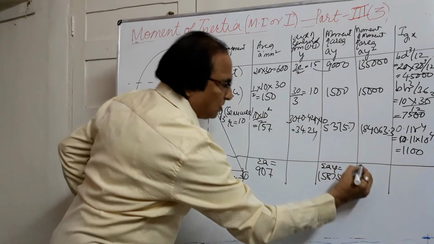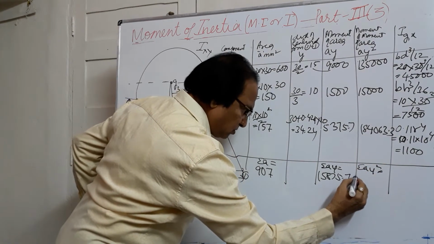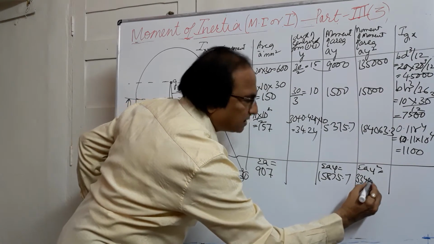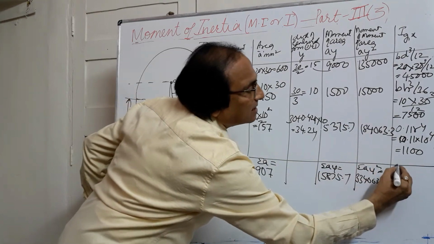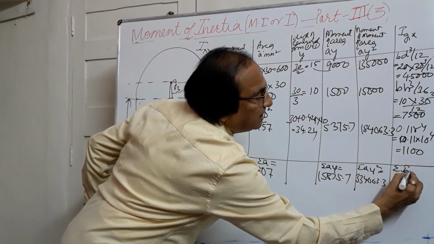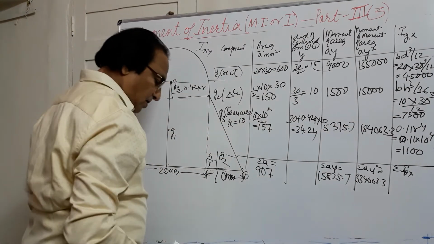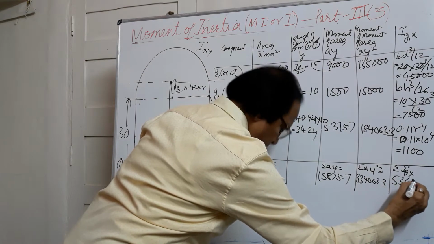Sigma AY square is given by 3340.63. We add all these things, and sigma IGX, the summation of all the moment of inertia, we get this as 53600.